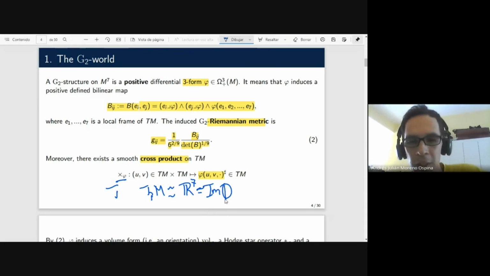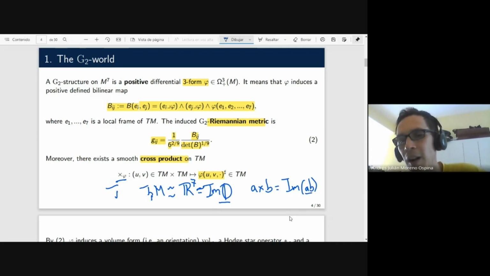So using the product of the algebra, you can define a canonical cross product: A times B is equal to the imaginary part of A times B using the algebra product.